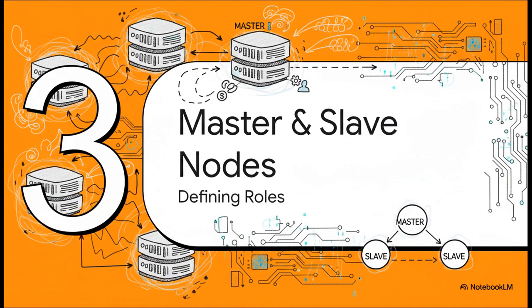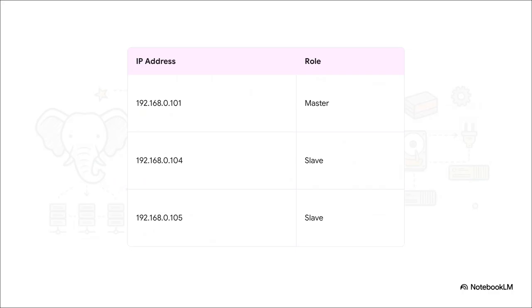Which brings us to section 3, master and slave nodes, defining cluster roles. Now, this is where it really gets interesting, because we have to define exactly which machine does what. It's kind of like assigning everyone a job title. The machine ending in IP address 101, that is our master node. Think of it as the boss. It controls the cluster, stores metadata, and coordinates all the operations.